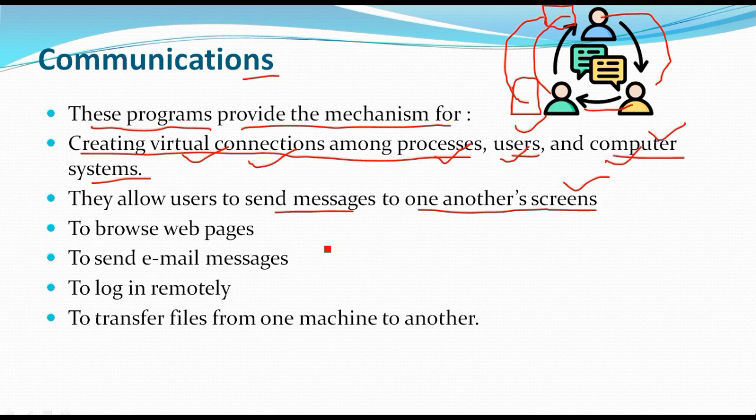Then this communication service allows the user to send a message from one user screen to another user screen and also to browse web pages. When the communication service establishes the virtual connection among the users, it also establishes the connection with the internet.